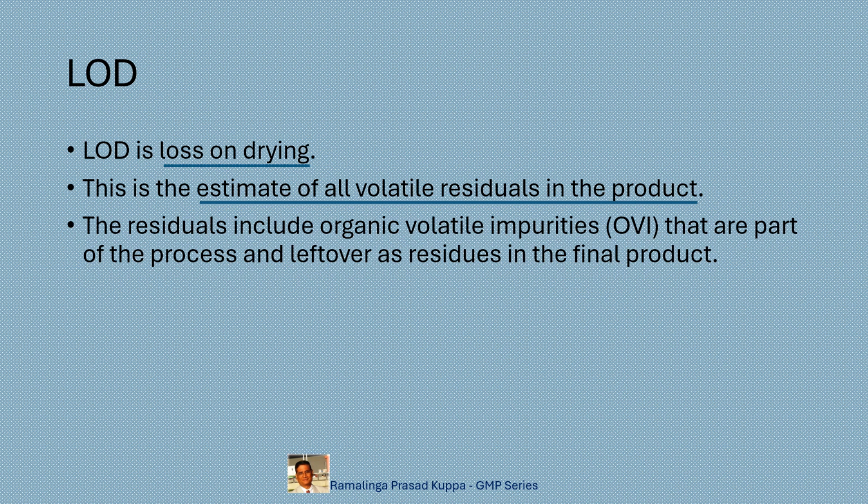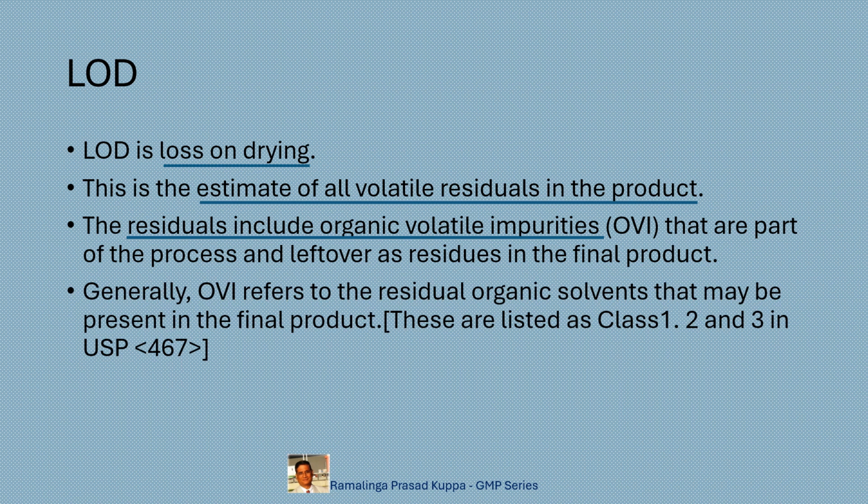The residuals include organic volatile impurities, OVI, that are part of the process and left over as residues in the final product. Generally, OVI refers to the residual organic solvents that may be present in the final product.